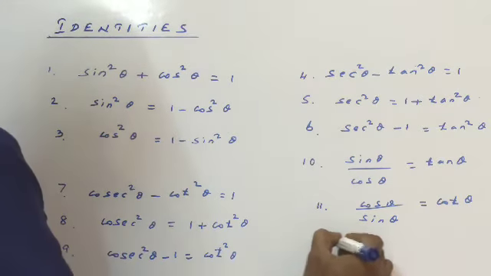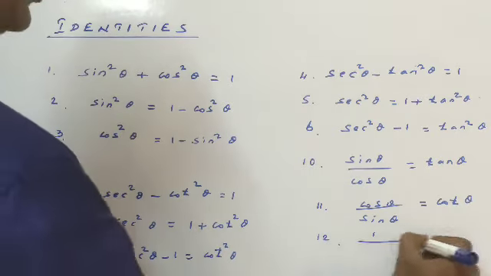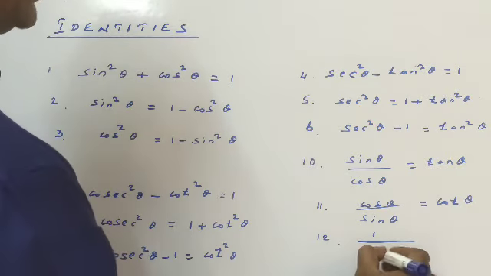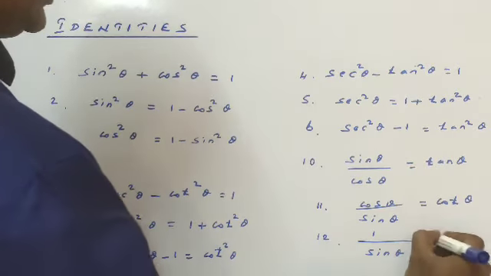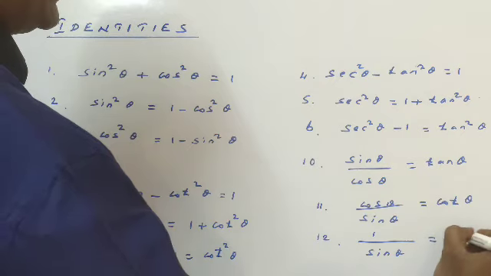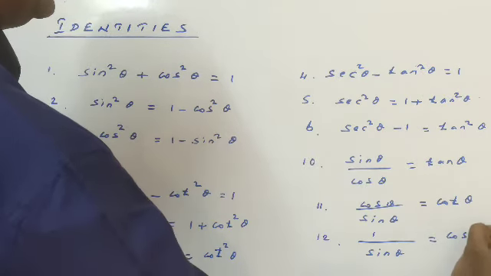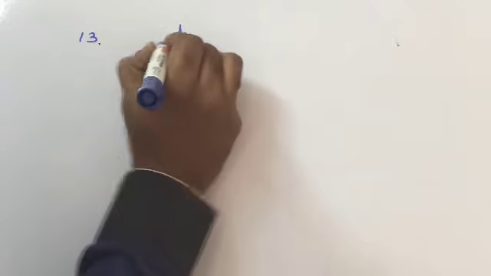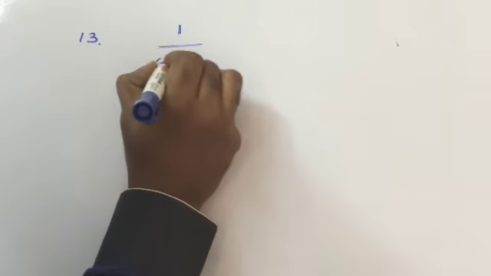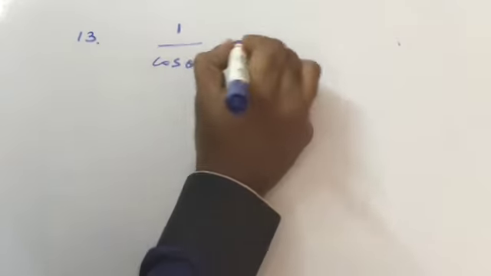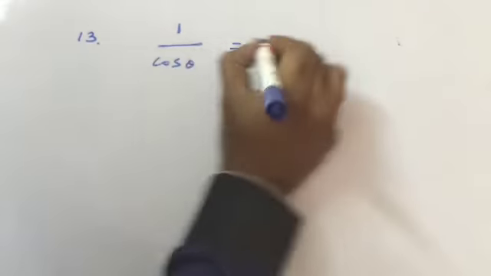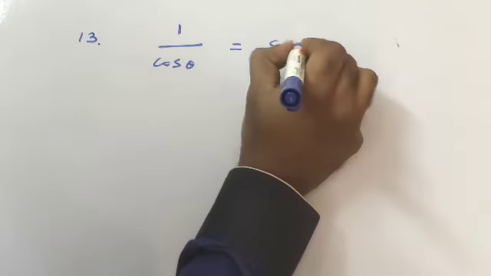Twelfth one is 1 by sin theta, that is cosecant theta. The last one is 1 by cos theta. 1 by cos theta gives secant theta.